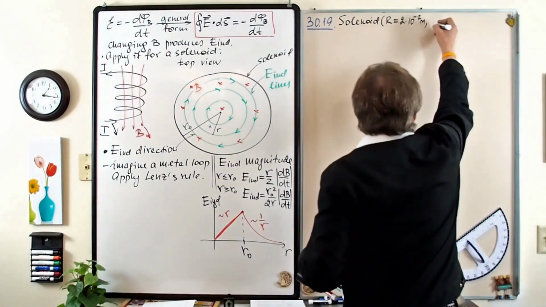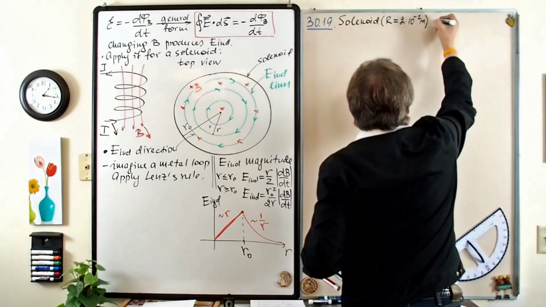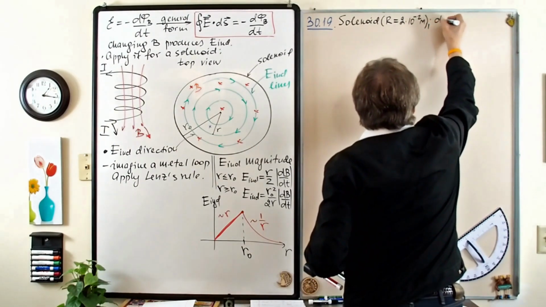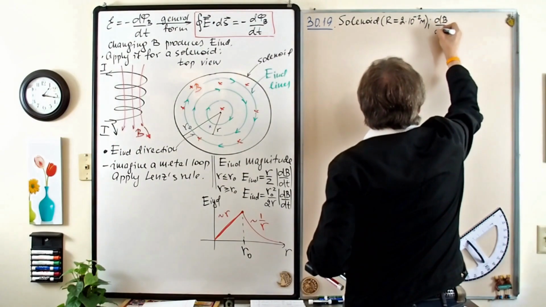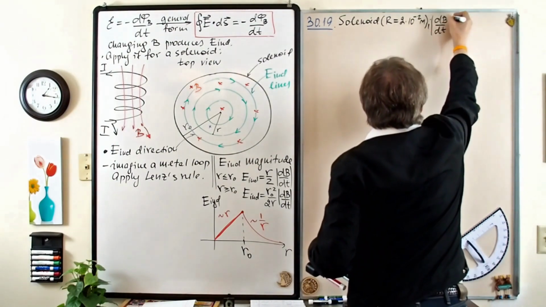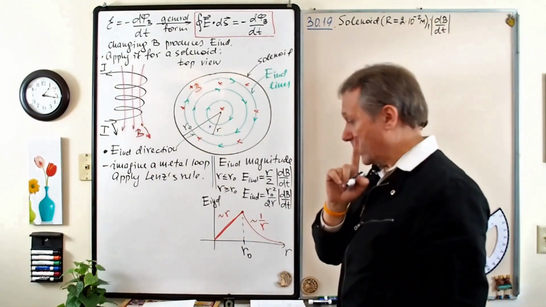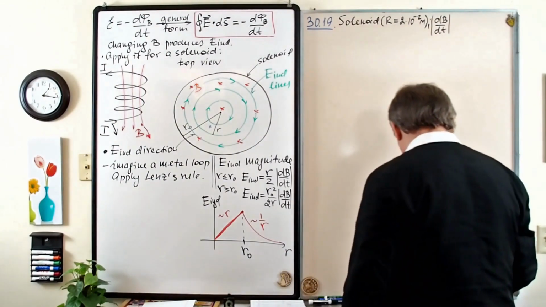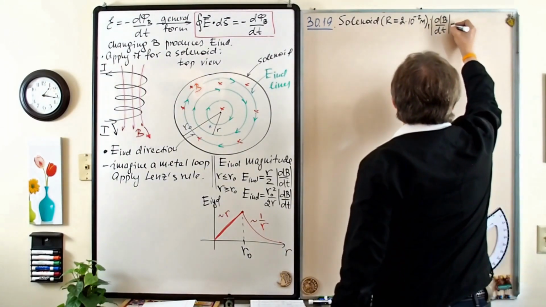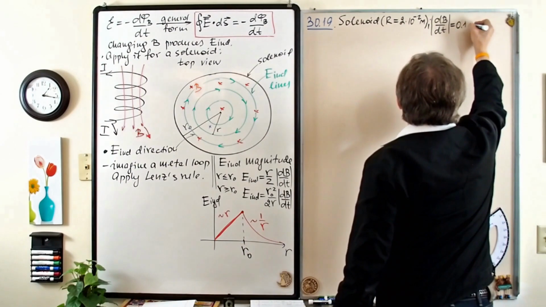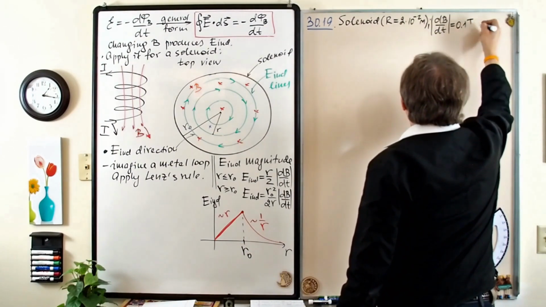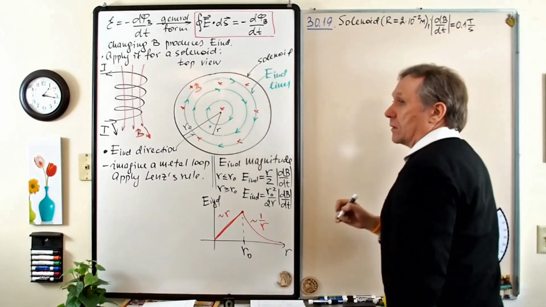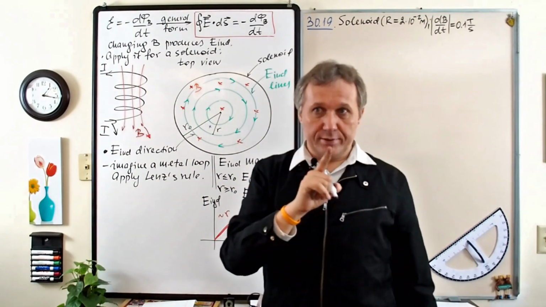So dB over dt, the rate of change of the magnetic field, absolute value is 0.1 Tesla per second, and it is actually decreasing.